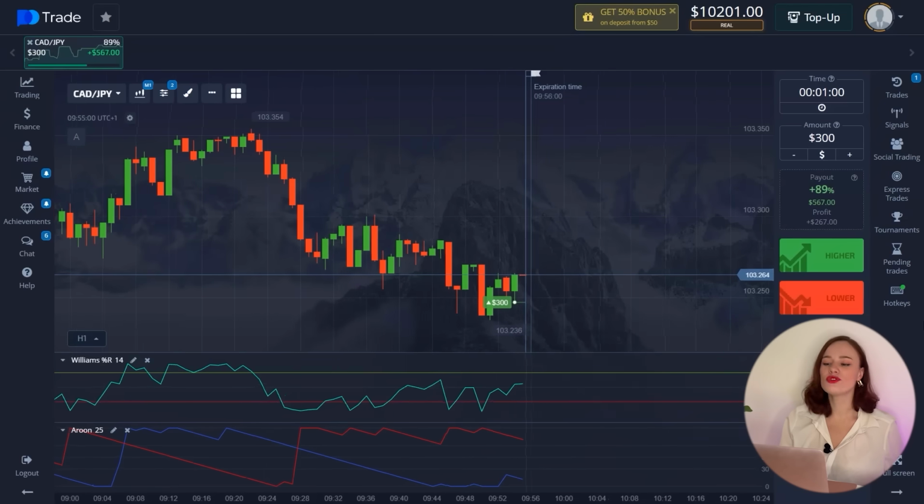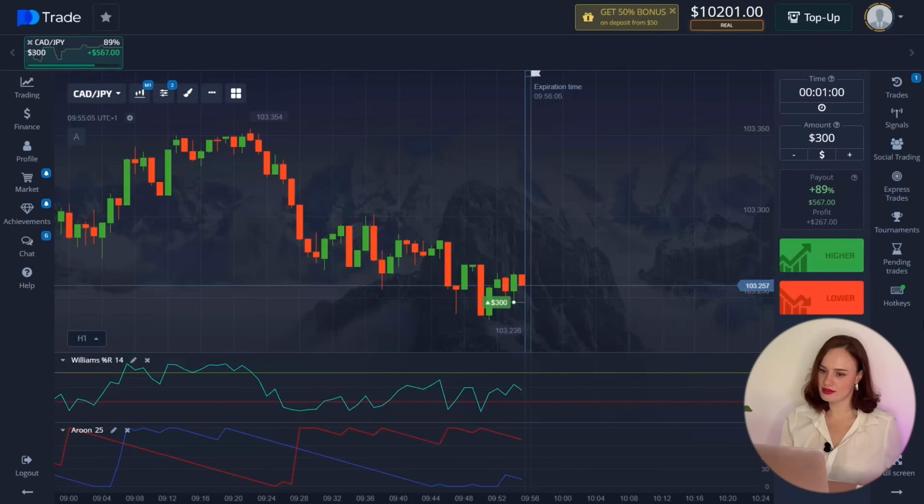Now consider how to calculate volatility. Of course, you can manually measure each candle and then divide by 10 using a calculator. It's not that hard, but there are special services where you can view the volatility of any trading pair. Let's go back to our deal.